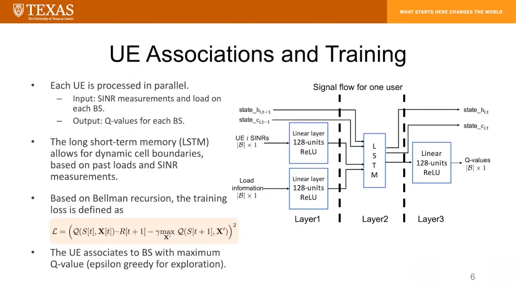We model the central controller as a neural network and process each user independently. This implies that the neural network architecture is independent of the number of users in the network. We empower the neural network with memory by introducing an LSTM layer, which allows the central controller to make decisions based on the history of SINR measurements and have dynamic cell boundaries.